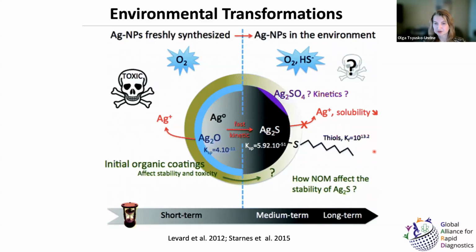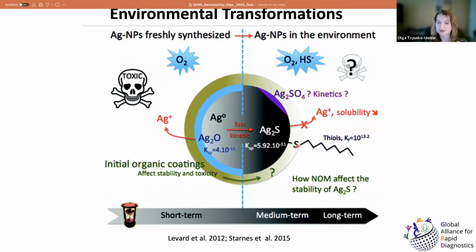When you have a high concentration of sulfur, the particles eventually will be sulfidized, and the whole thing will be converted into sulfidized silver nanoparticles. Once they are converted, their dissolution will change, it will significantly decrease, and it will also change their bioavailability and toxicity.